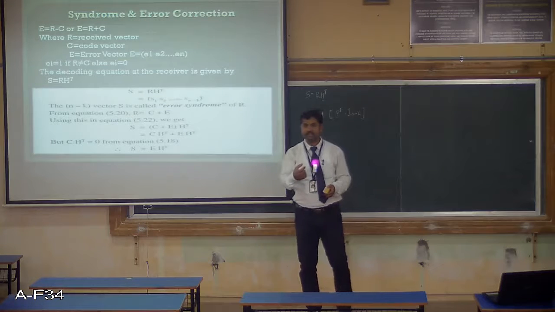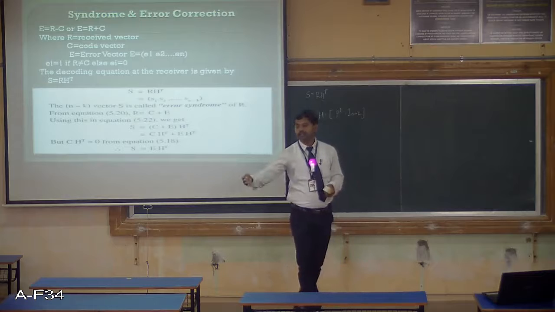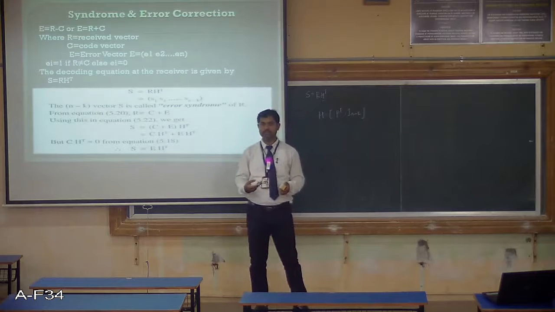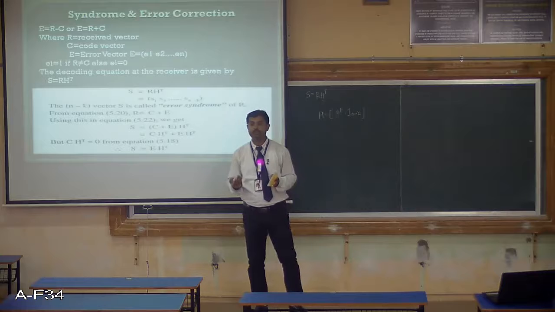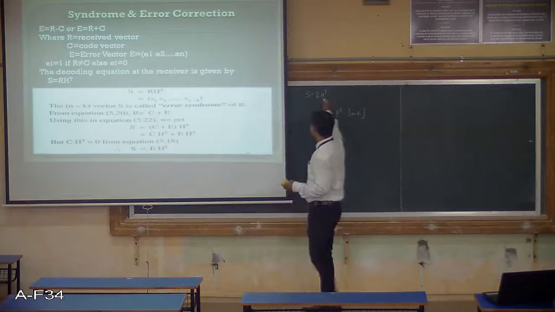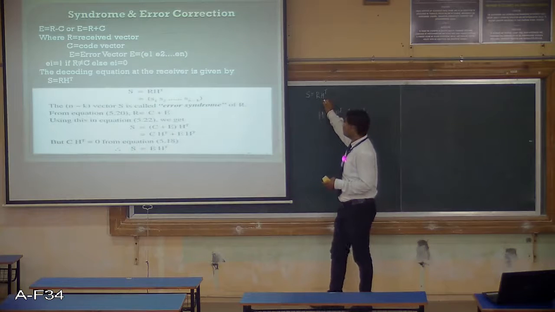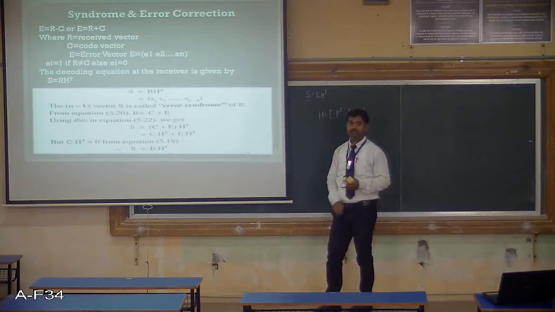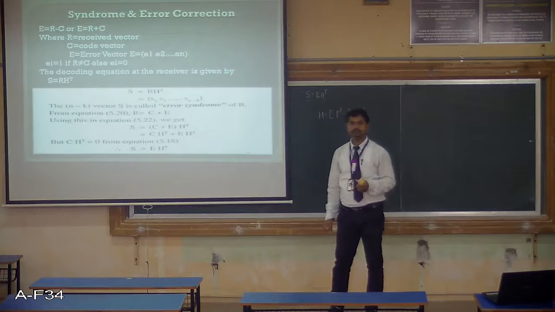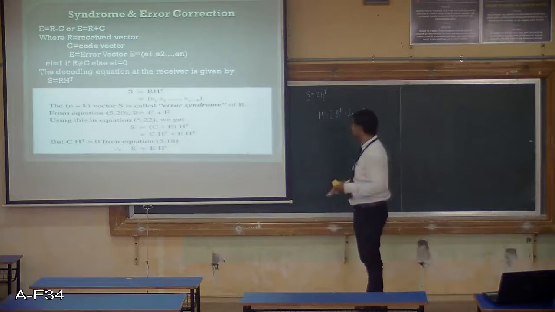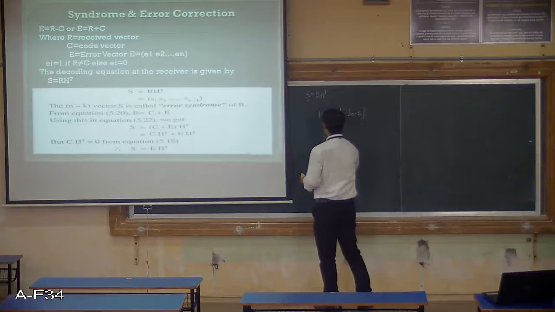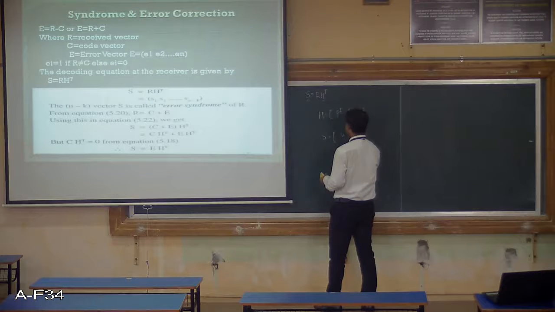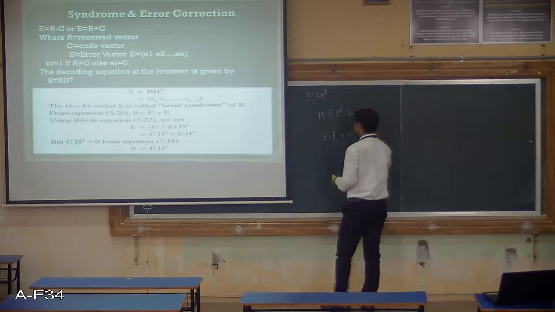At the receiver side, if any received sequence appears, just multiply it with the transpose of the parity check matrix, H transpose, and I will get a syndrome S. The syndrome S has certain values S1, S2, and so on up to S(n minus k).